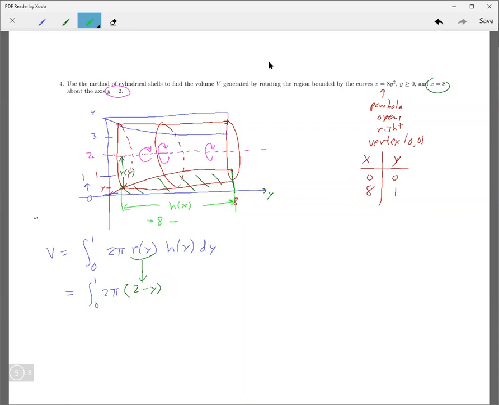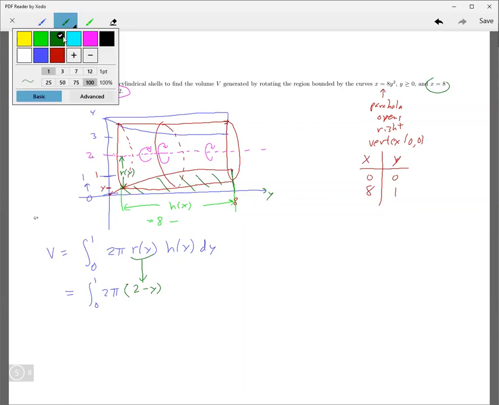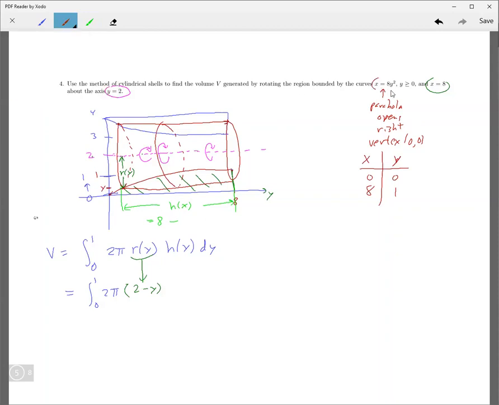The left endpoint is this parabola. This is the parabola x equals 8y squared. So the x value is 8 on the right. The x value on the left part of the line segment is 8y squared. So minus 8y squared, okay? So that one is going to be 8 minus 8y squared dy, okay?